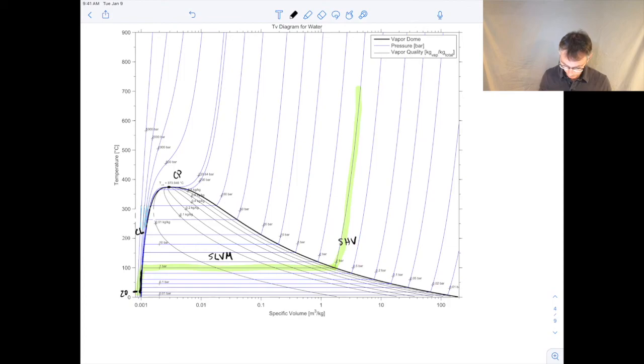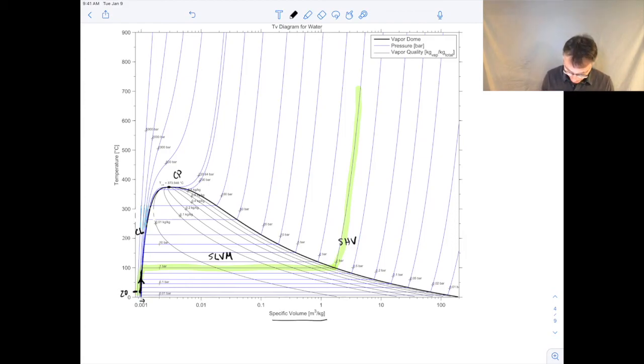The water actually increases its specific volume only slightly, just a very small amount. You can see as we move up that isobar, we don't move too far to the right in our specific volume. We do move to the right a little bit, but not a whole lot. So the water is expanding a little bit, because it's taking up more volume per unit mass.